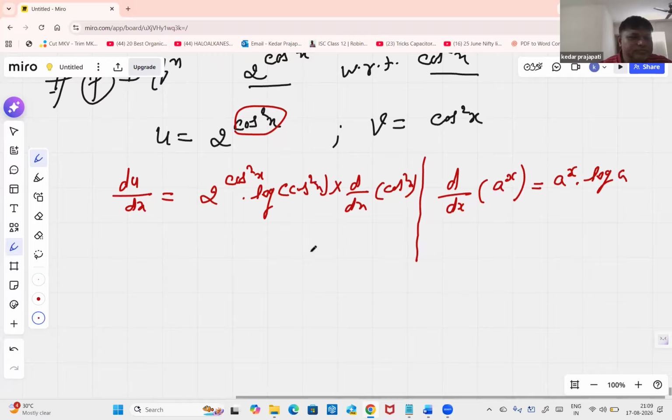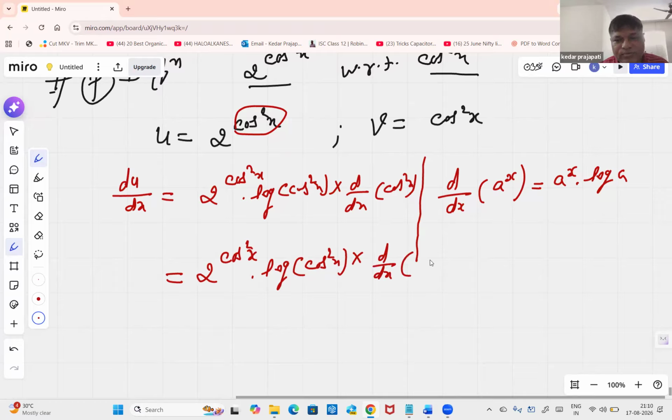This becomes 2 to the power cos square x into log 2, and this cos square x will be written as d by dx of cos x whole square.